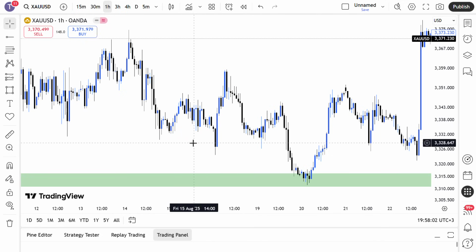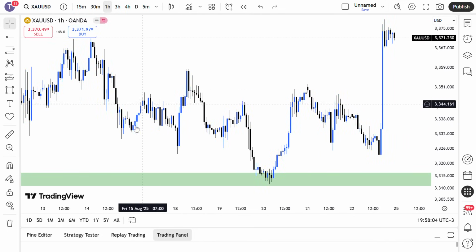After this break of structure, the break of structure is not valid because there is no sweep of liquidity on this side. This is not an inducement, but if the price pushed this pullback to the downside to clear this low, we could have had this as our inducement.